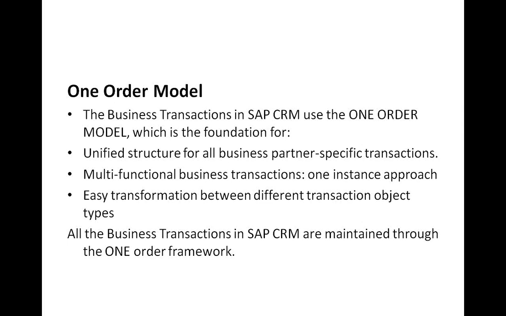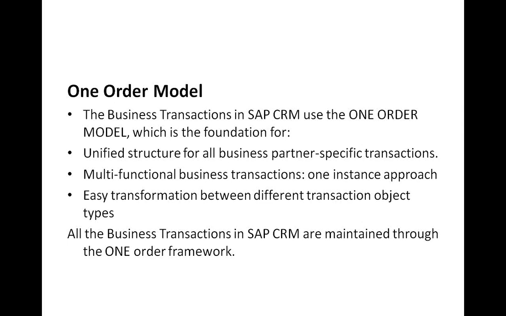Okay, sometime around 2005 and 2006, if any one of you were in touch with the CRM market, the job requirements also used to say CRM ABAP. CRM ABAP means this one order model programming. But many people at that time thought that maybe CRM has a different ABAP.